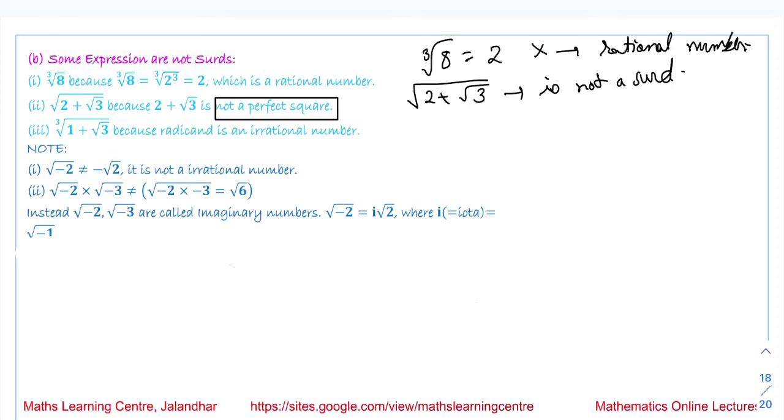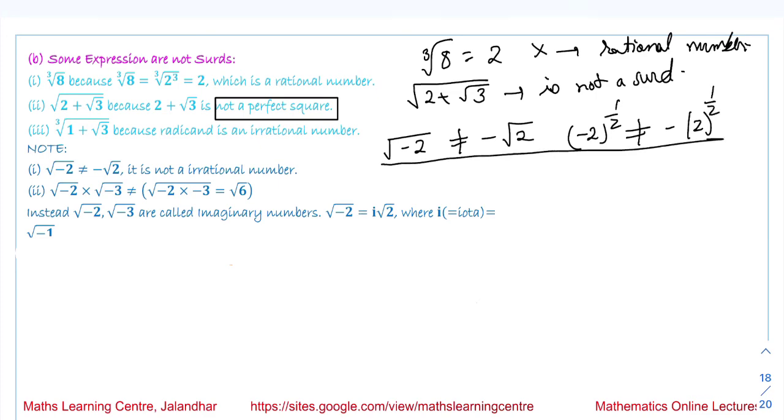Next, these are just for information purposes: if we write minus root 2, it is not equal to minus of square root 2. That is, minus 2 raised to power 1 by 2 is not equal to minus of 2 raised to power 1 by 2. These kinds of properties are basically for positive rational numbers.